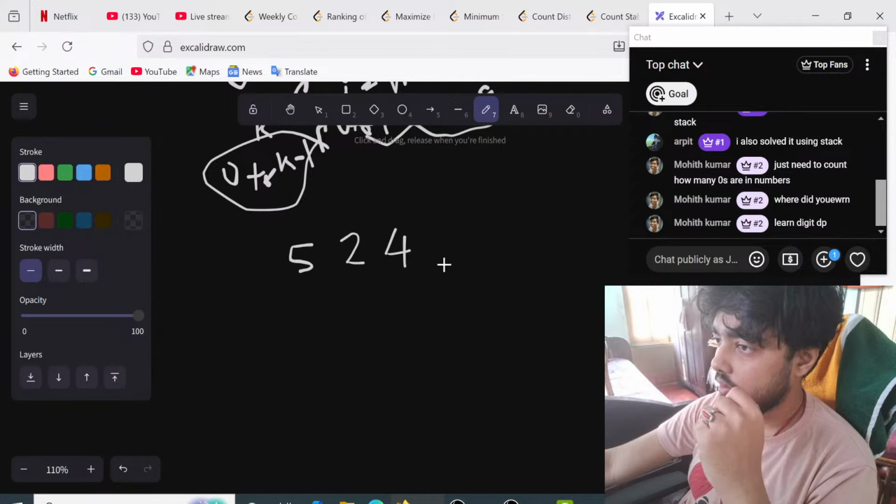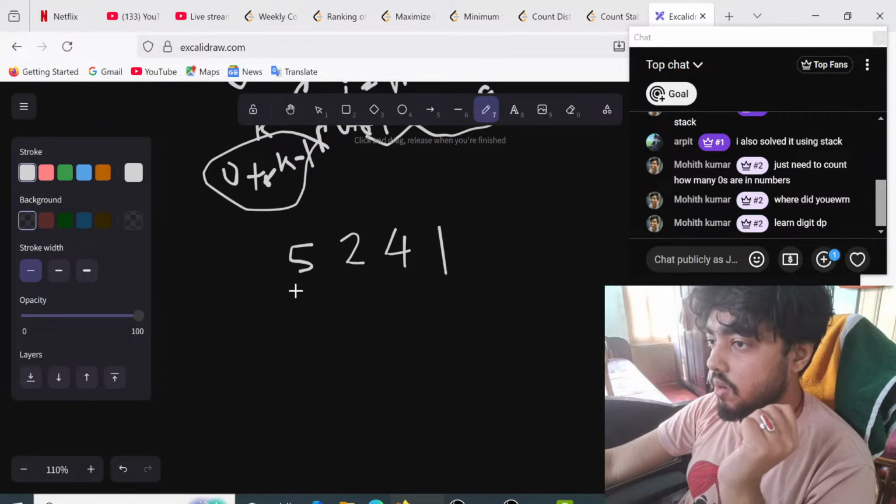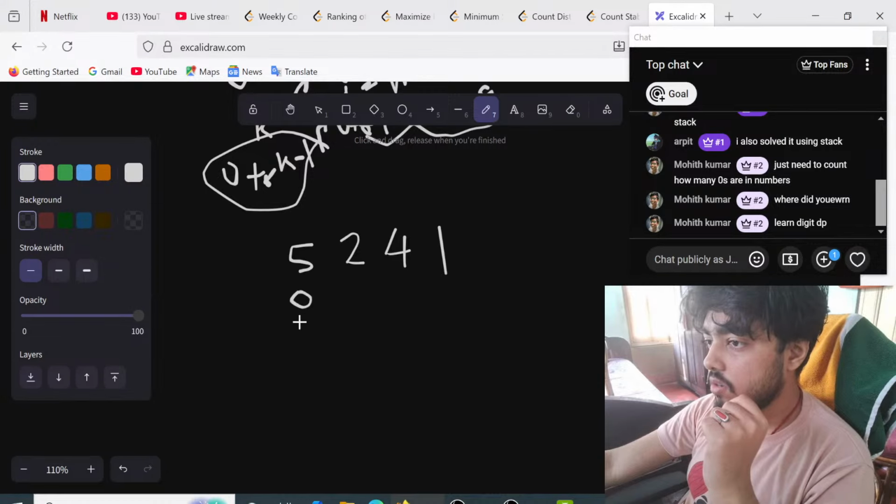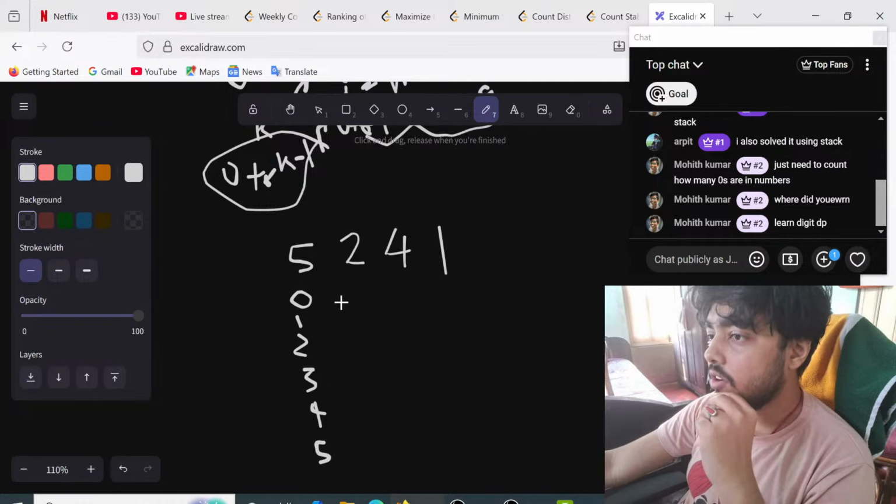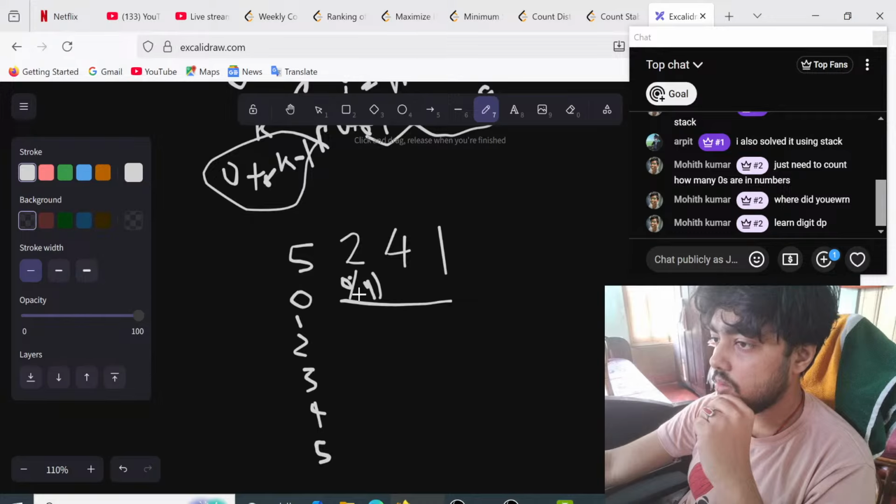Let's say you're having 5241. This is a number, correct? So all the numbers less than this, I can write as 0, 1, 2, 3, 4, 5. Now for 0, these places can be from 0 to 9. Any number you put.